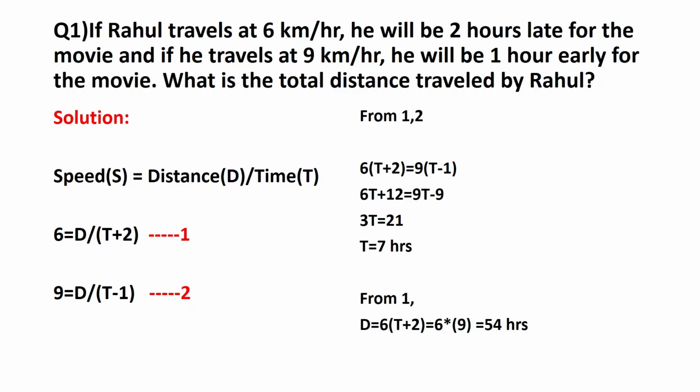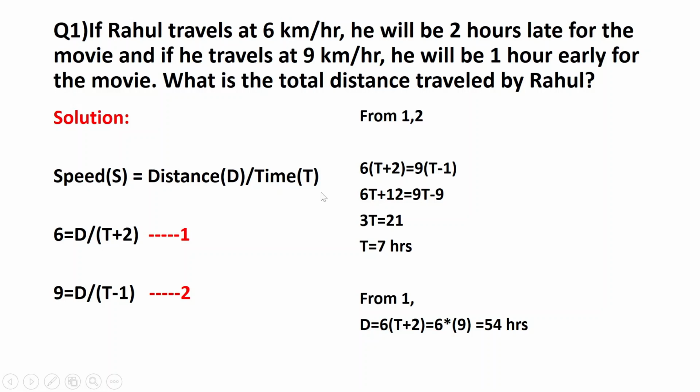I'll repeat this question again and we'll try to understand. If Rahul travels at 6 km per hour, he will be 2 hours late for the movie. And if he travels at 9 km per hour, he will be 1 hour early. What is the total distance traveled by Rahul?